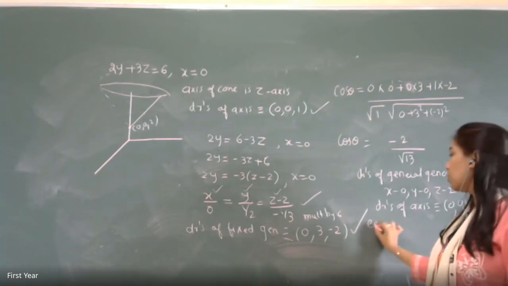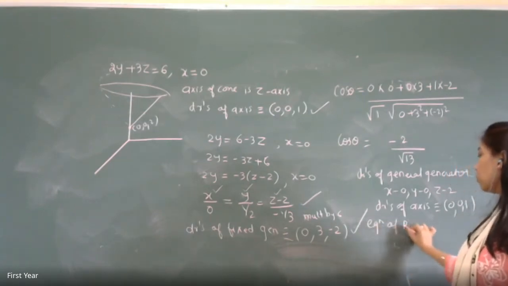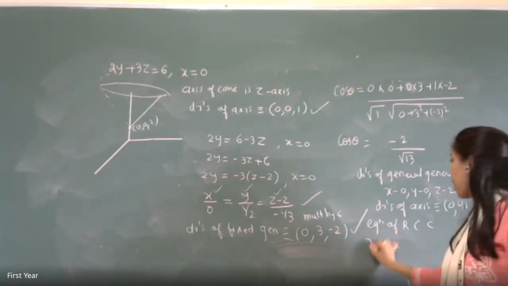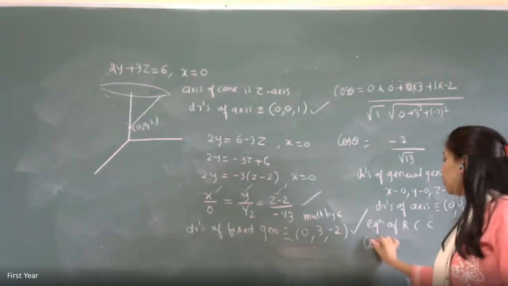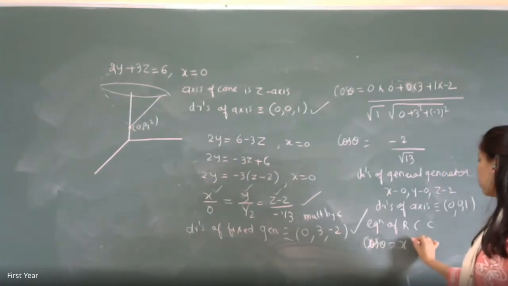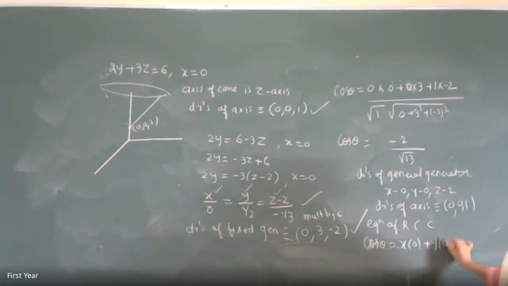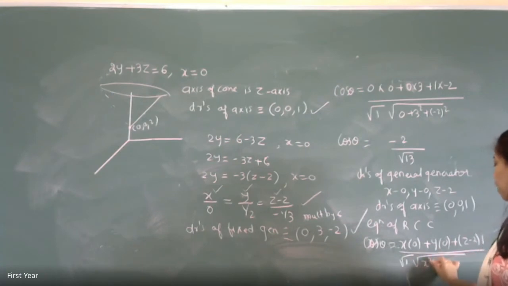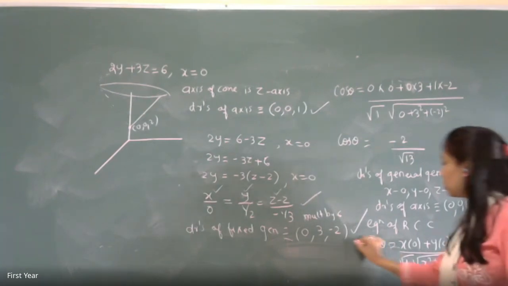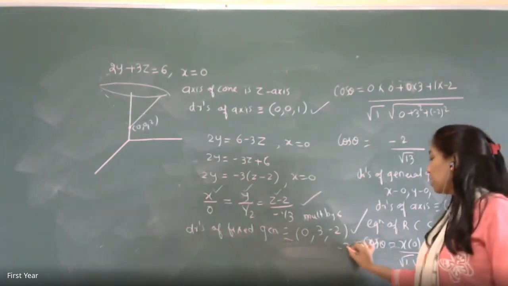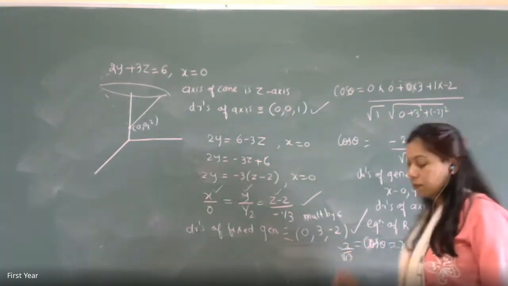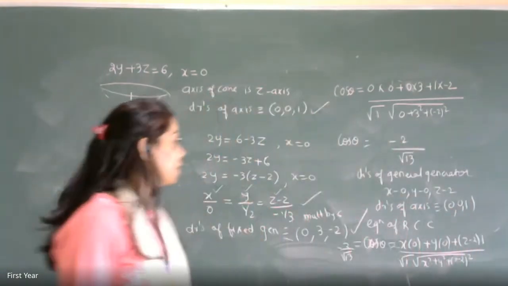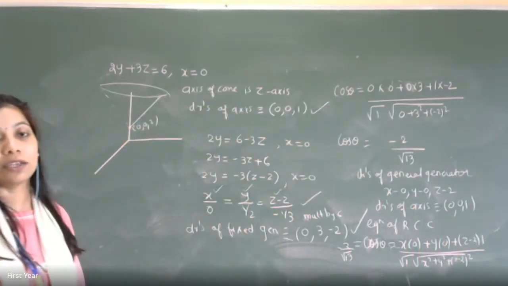Therefore the equation of the right circular cone is x into 0 plus y into 0 plus z minus 2 into 1, divided by 1 into root of x square plus y square plus z minus 2 the whole square, equal to cos theta. Cos theta is known to you, it is minus 2 upon root 13. Square it, simplify it, you get the answer.